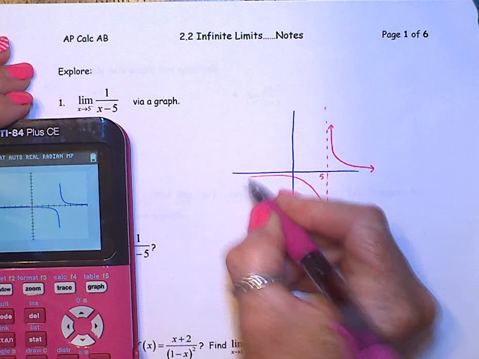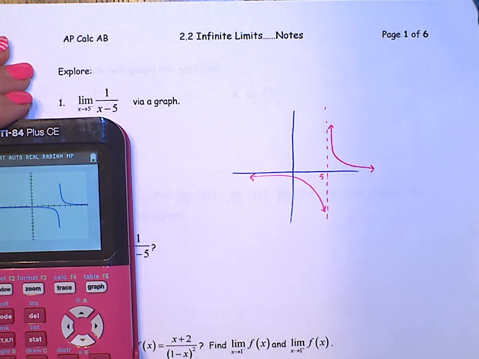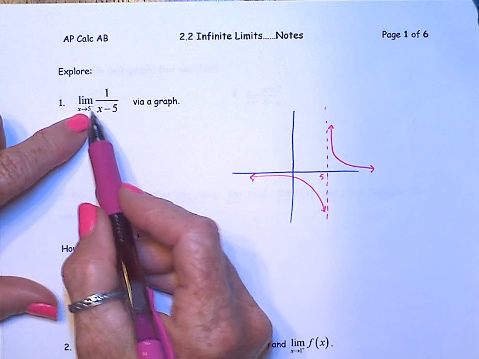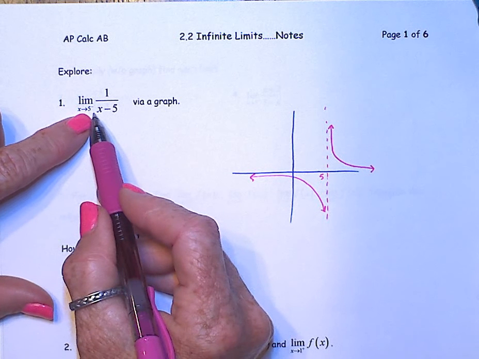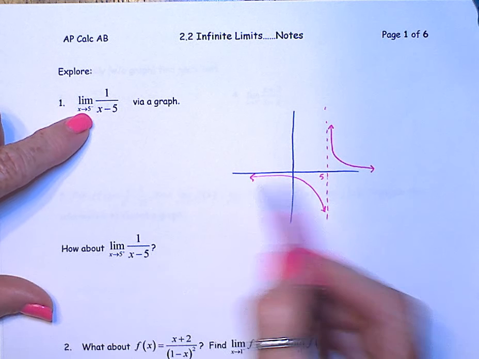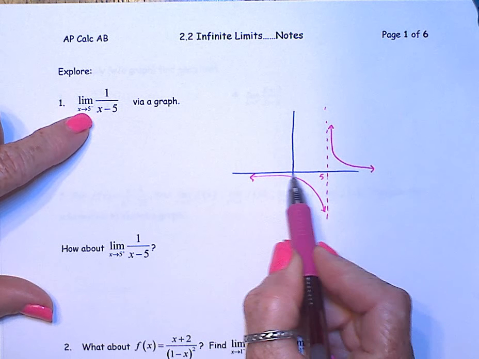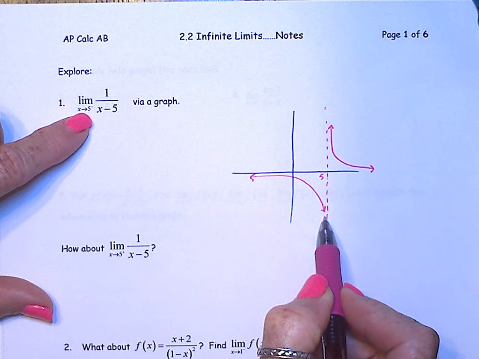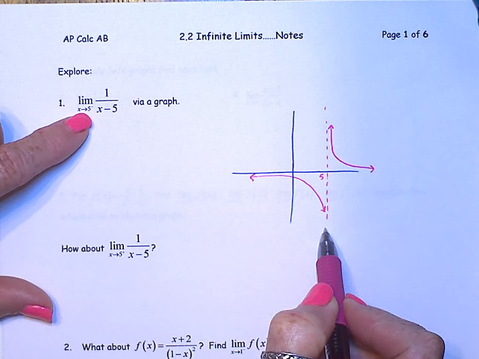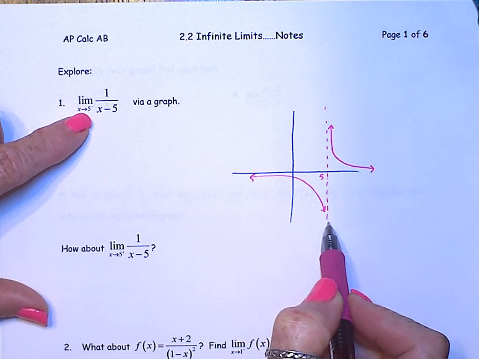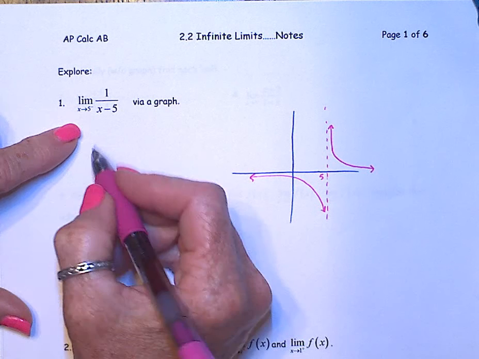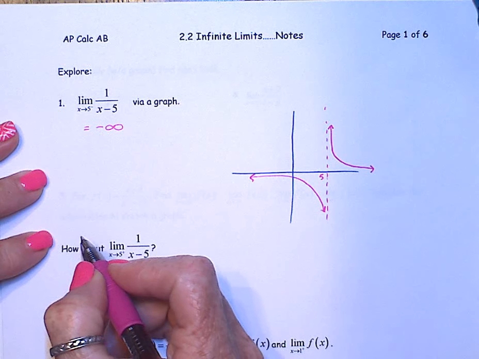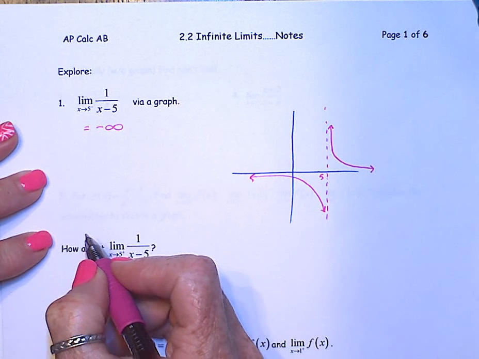And we see this. So again, looking at this limit as x approaches 5 from the left, here's 5. At 5 from the left-hand side, we see that these y values are going down more and more negative as x gets closer to 5, so we say this limit is negative infinity. Y can't equal negative infinity.